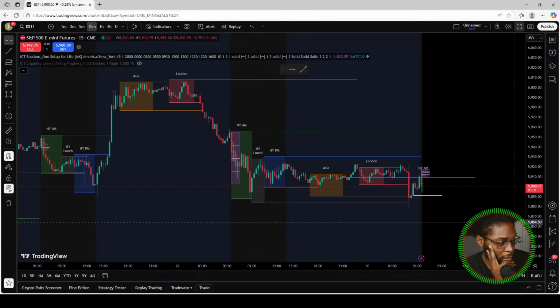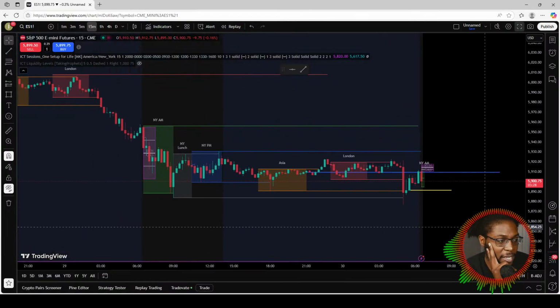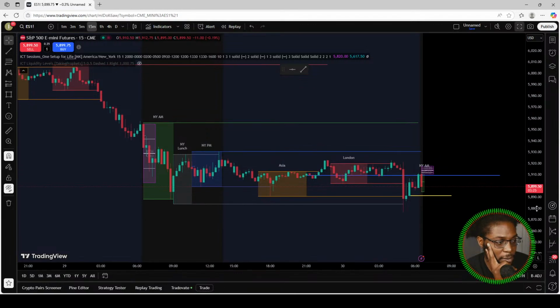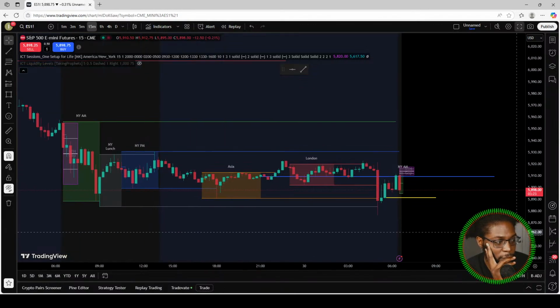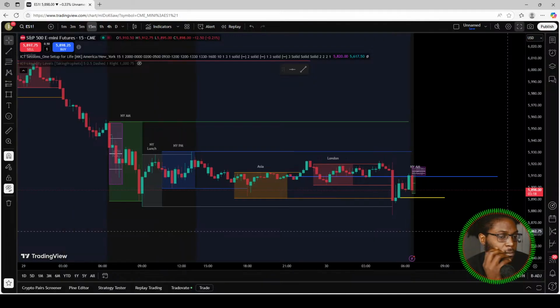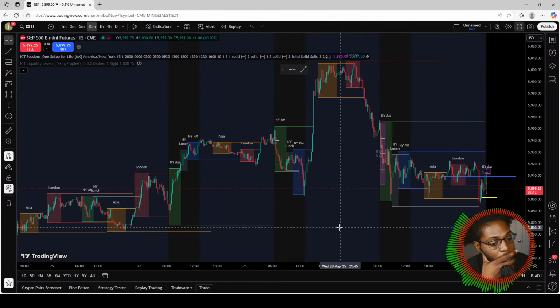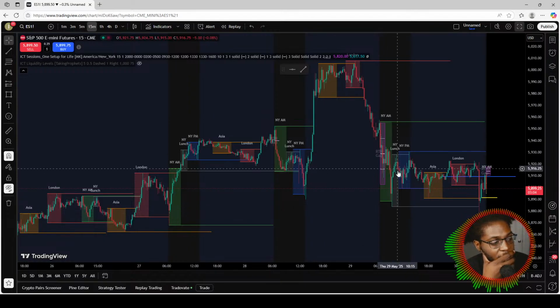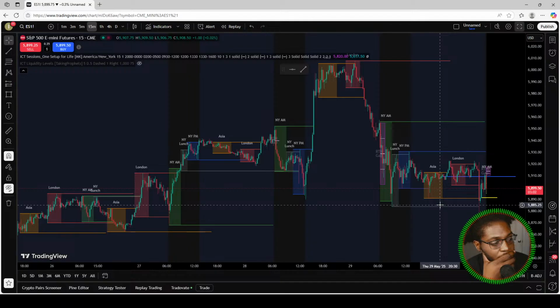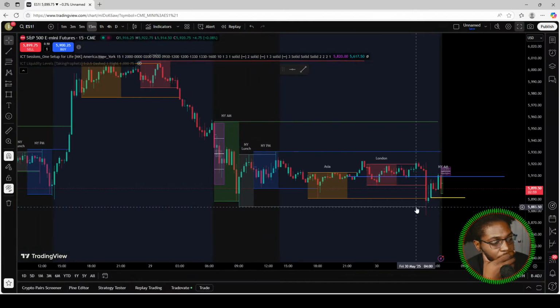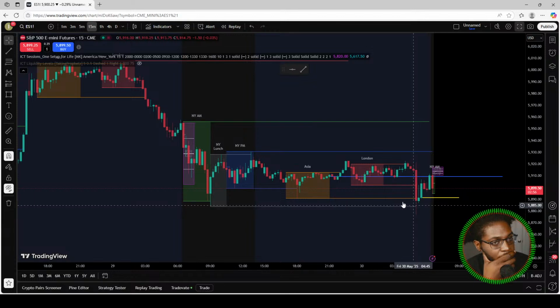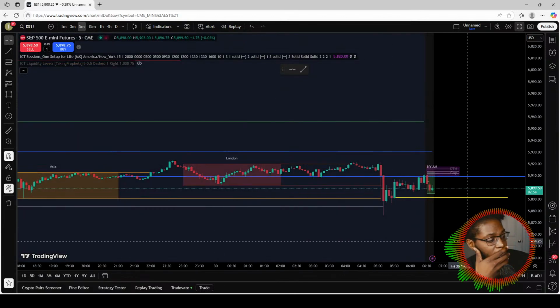Friday and Monday are some of my worst days. But we do have liquidity to the top side, and liquidity to the bottom also, so we're in the middle of this weird area. We've had the sell off, and we'll give it a couple more minutes and see what's going on.